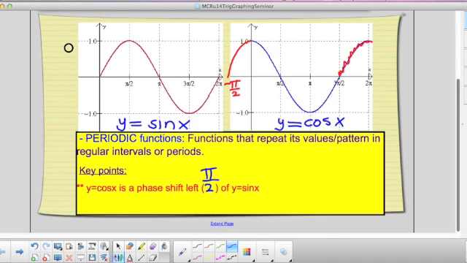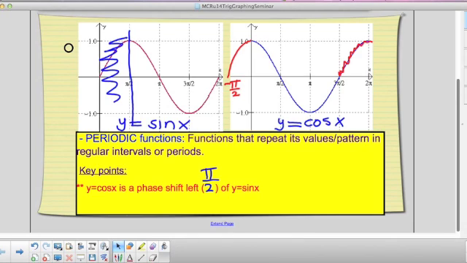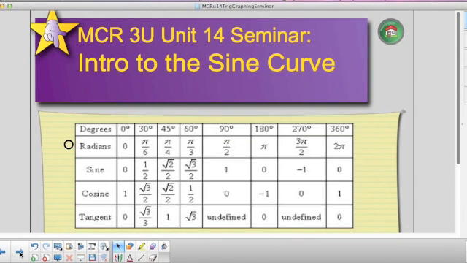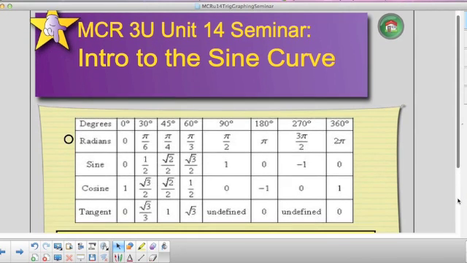So if you ever forget how to draw the cosine function, basically just at 90 degrees, draw your axis here and cover this part, and you have your cosine graph. Okay? So if you know how to draw the sine graph, you also know how to draw the cosine graph. Now, I'm giving you a table of values for basically the key points in terms of radians.